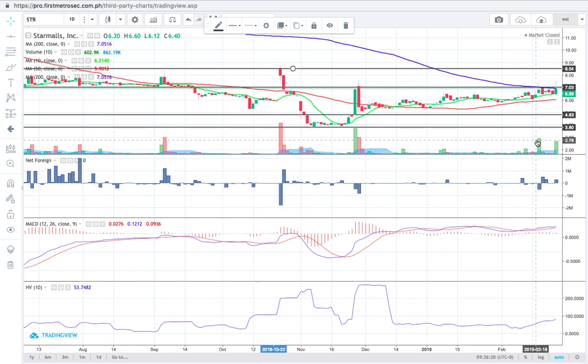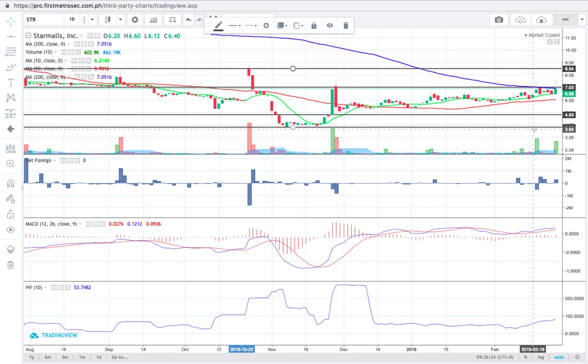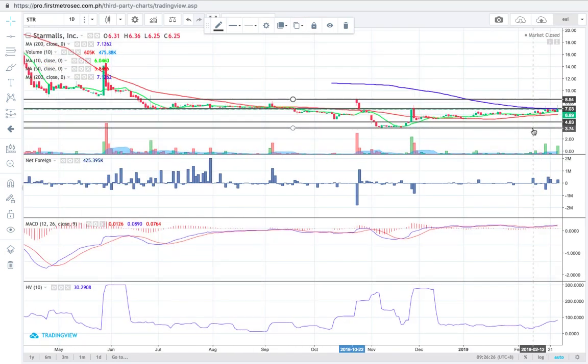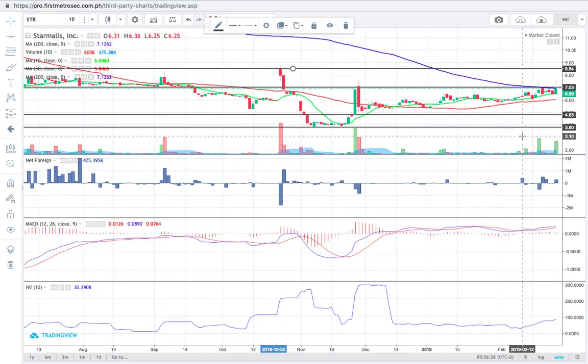Because again, there's a possibility for STR traders to consider 7 to 7.20 as a selling spot. When? Well, if and when STR fails to register a follow-up or a continuation of its daily volume above its 10-day volume average.